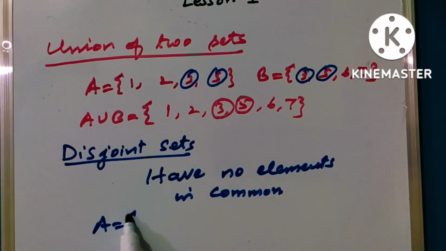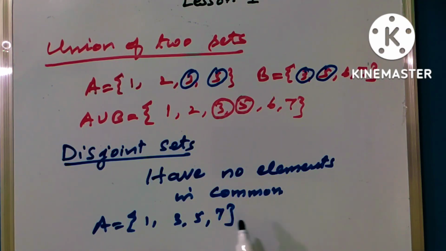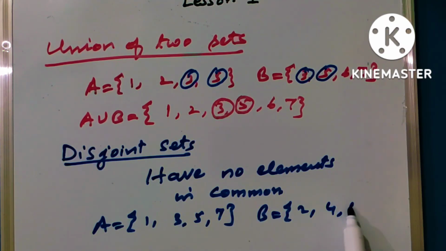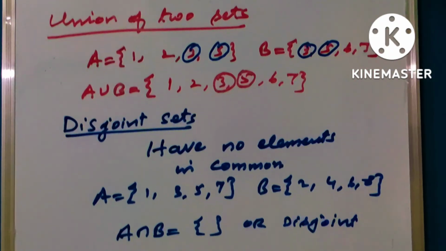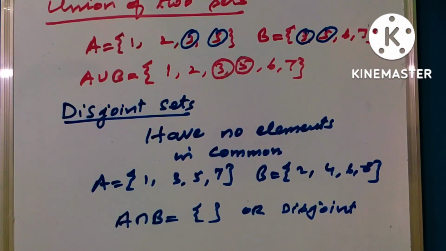If A set is having elements 1, 3, 5, 7 and B set is having elements 2, 4, 6, 8, then A intersection B will be empty set or disjoint, because no element is common.